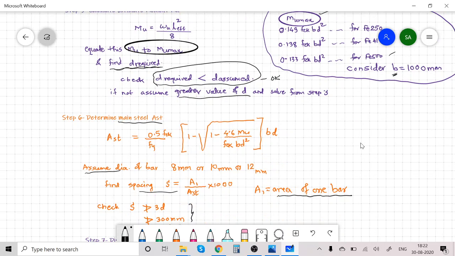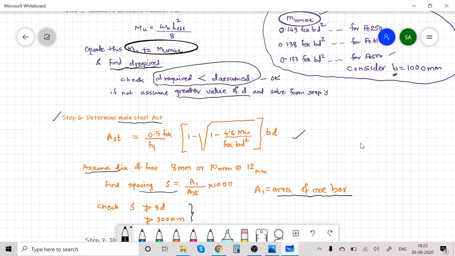Here in step number 6, we will find the main steel, the area of main steel. This is given by this formula. This formula we considered in the design of singly reinforced beam to find AST.